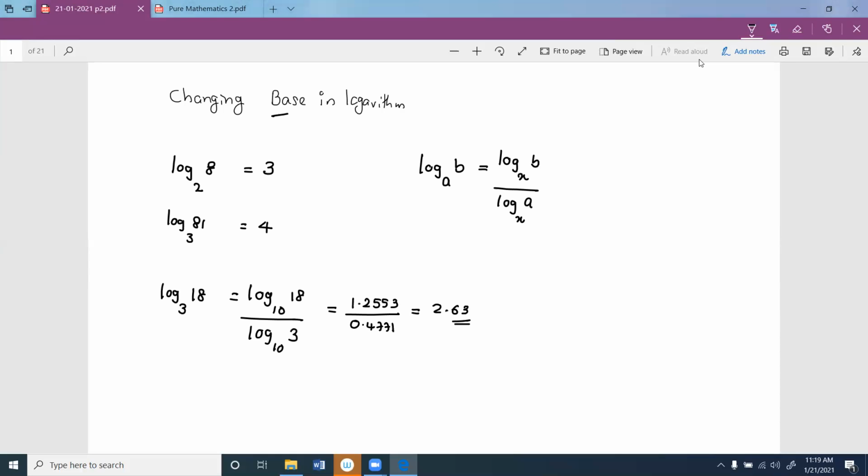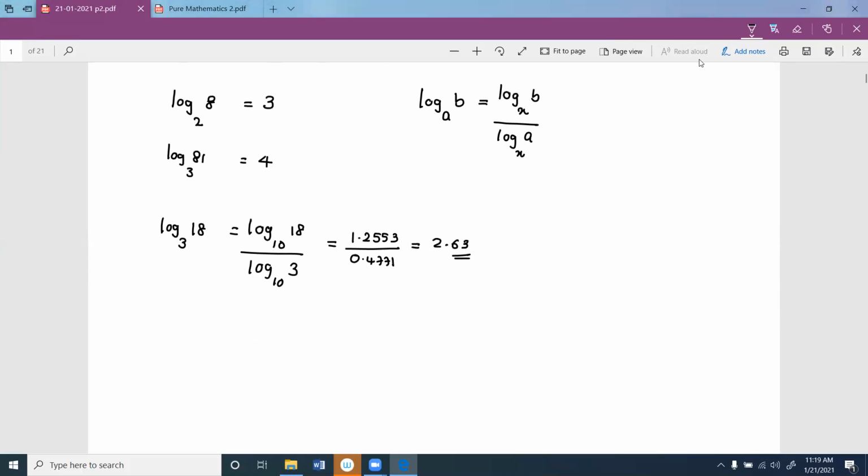Okay, let's go to another question. Suppose we get log base 5 of 23. We know that 23 is not an integer power of 5.